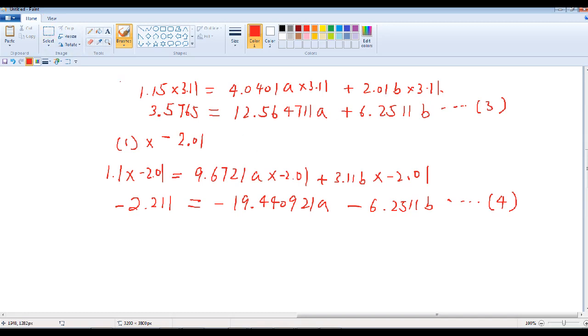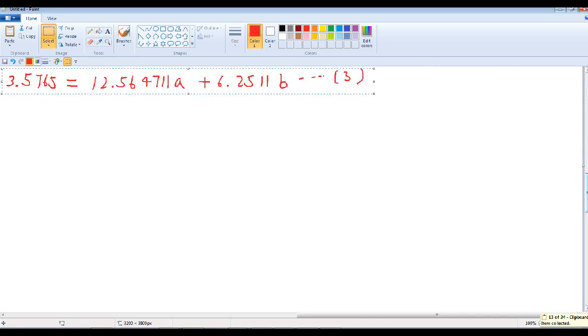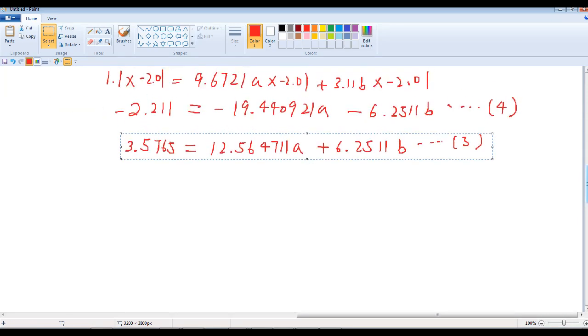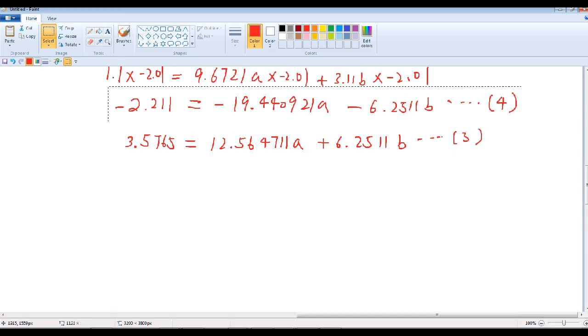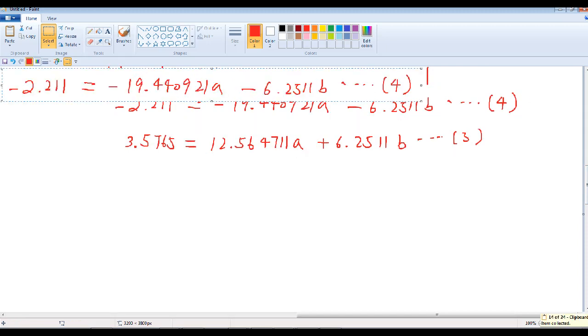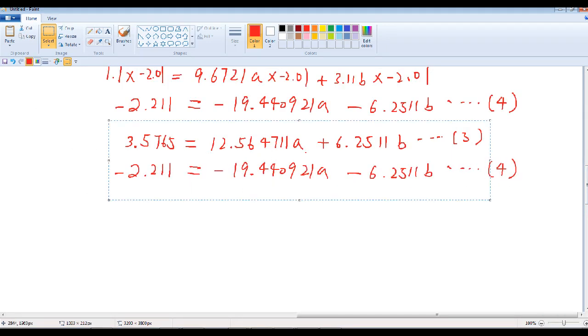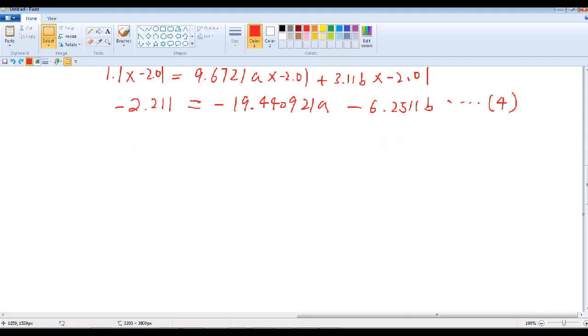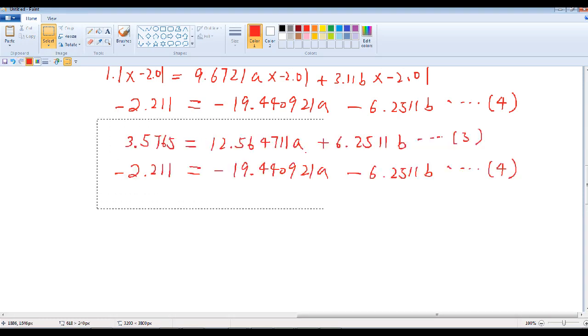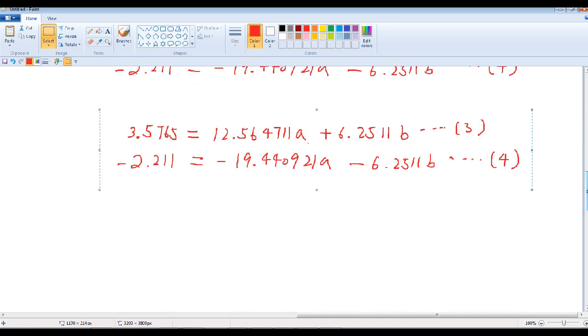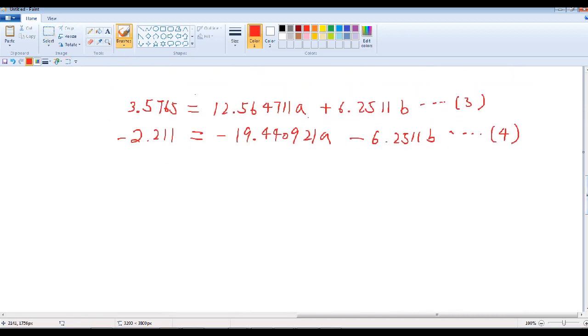Again, please be patient. I'm going to put these two equations together again. Let's see, if we add these two equations together, what will we get?